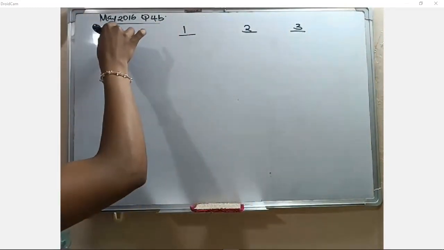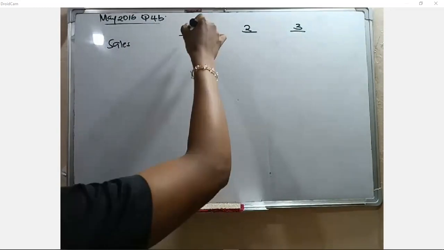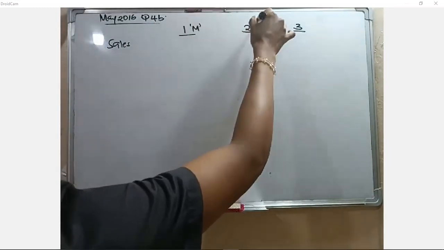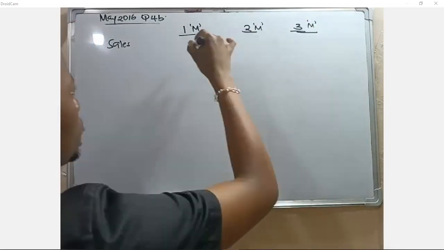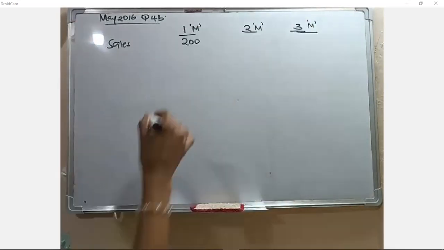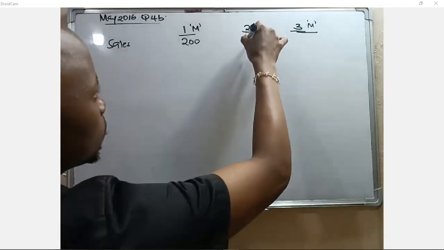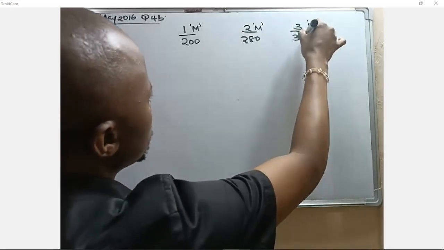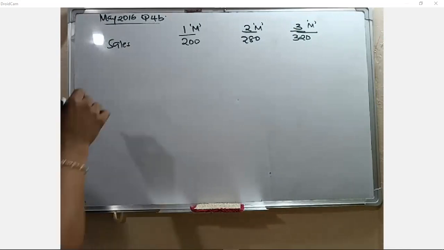The examiner has given me the sales, and I can reduce my shillings to millions. Nobody can penalize you for that. So I just put there 200, the other one is 280, 320. Then from there, we less our expected cash costs.